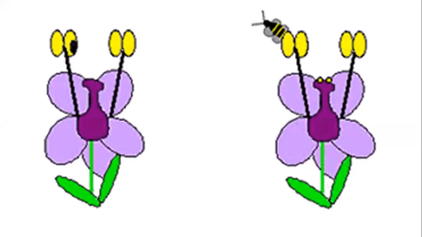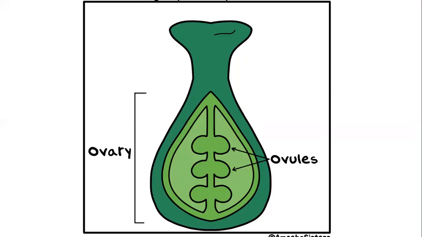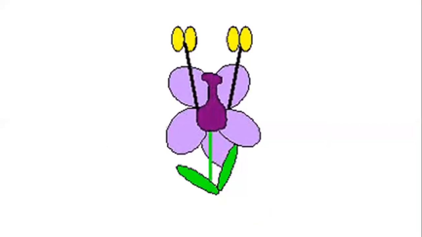This is what we call cross-pollination. In this case, different genes will be shared, which means different seeds carrying different plants with different genetic information will be made. Not like the self-pollination here. It happens in the same flower, so we're not sharing different genes.